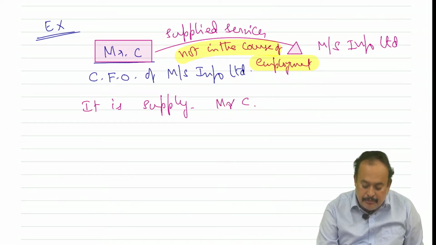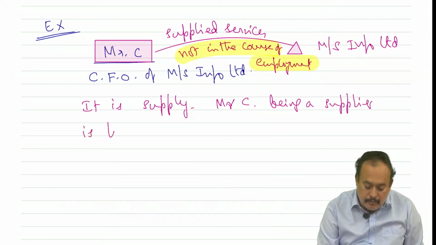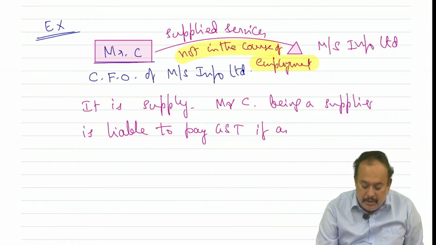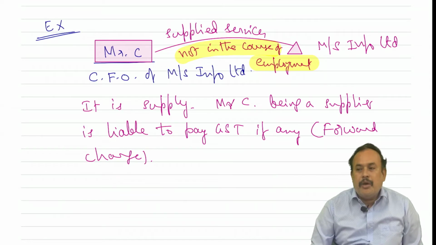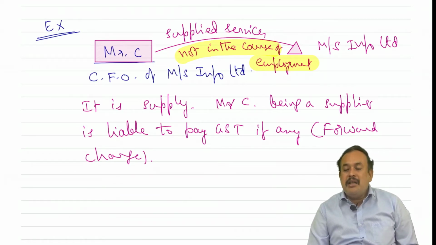Mr. C, being a supplier, is liable to pay GST, if any, which is forward charge, not a reverse charge.